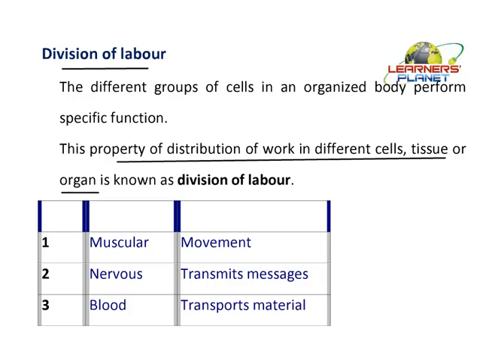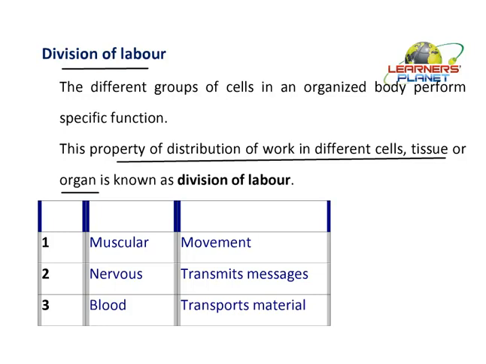What does it mean? If we compare a multicellular organism, we have said they are made up of different groups of cells. These groups of cells are known as tissue. Then different tissues together will form a functional organ.